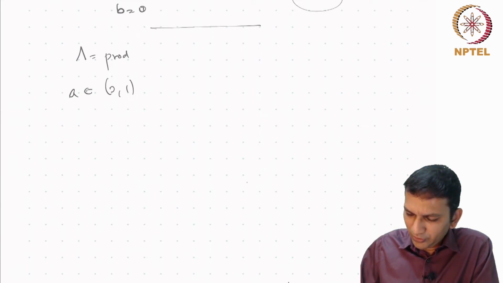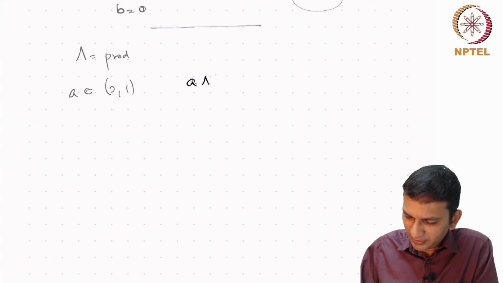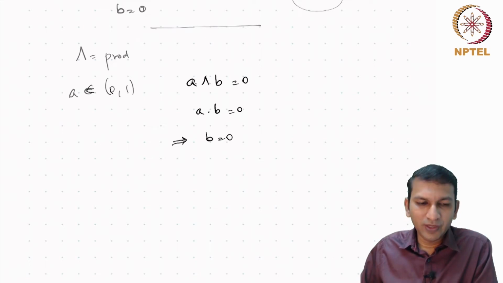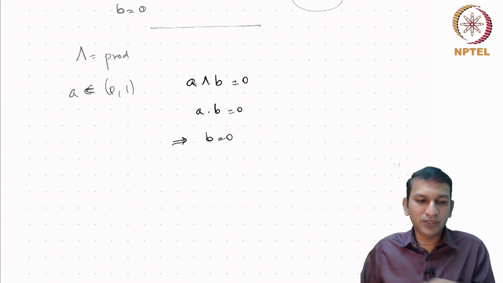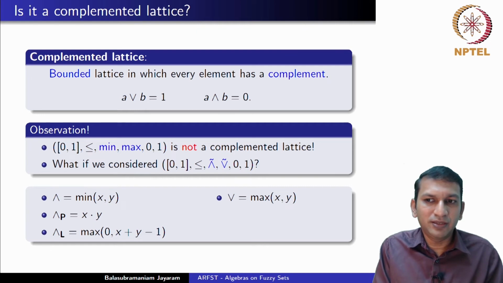Now we are looking for a B such that A meet B should be 0. In this case A dot B should be 0. Note that A is not 0, so A dot B is 0 implies B is 0. Once again, we are seeing that for every A in the open (0, 1), the complement B has to be 0. Now the question is, fine, what could be the corresponding join operation?